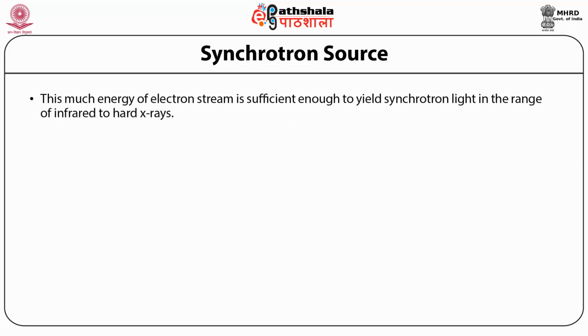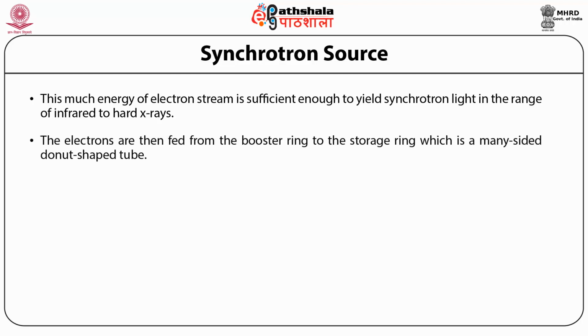This much energy of the electron stream is sufficient to yield synchrotron light in the range of infrared to hard X-rays. The electrons are then fed from the booster ring to the storage ring, which is a many-sided donut-shaped tube.